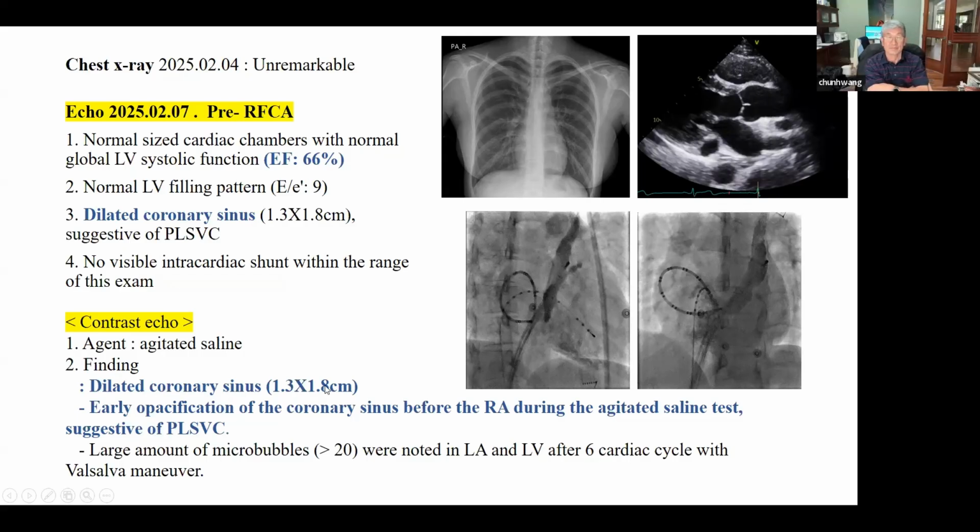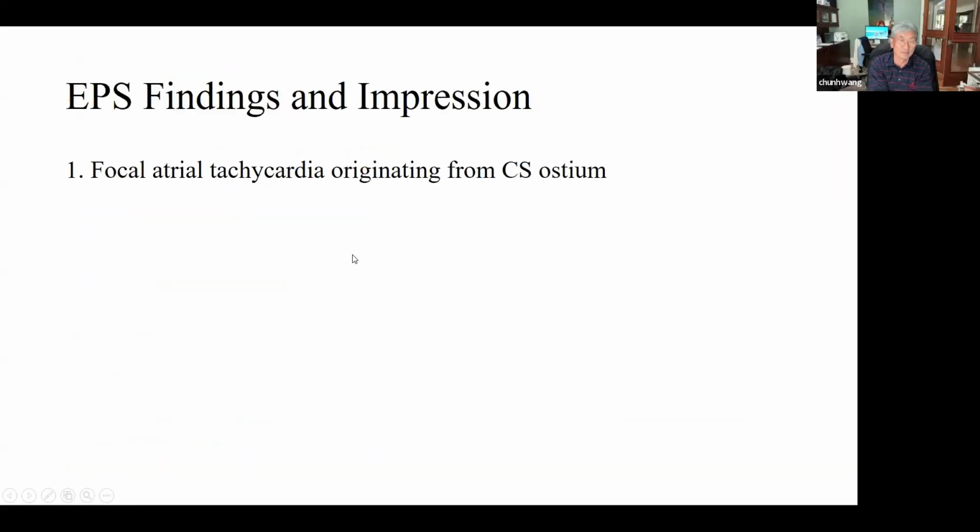We also checked persistent left SVC during the EP study. And the last EP finding was the origin from the CS ostium.